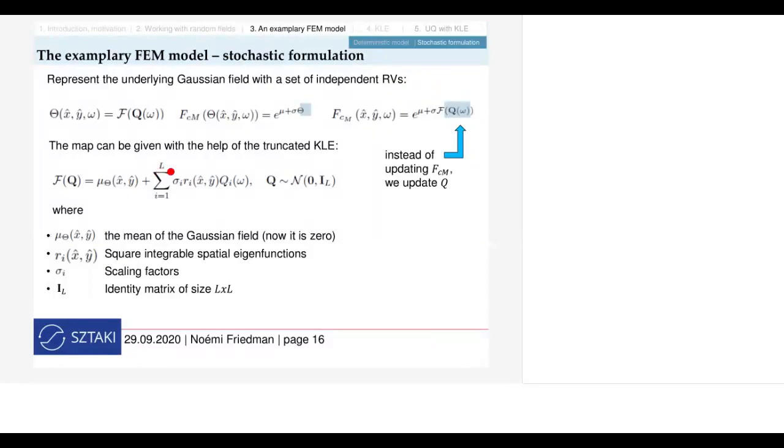If I involve L number of random variables, I have this L number of inputs that will be the input of the deterministic problem. I can map it to the actual value of the scaling factor by evaluating this linear combination and taking the exponential of it. And then the analysis is done exactly the same way.